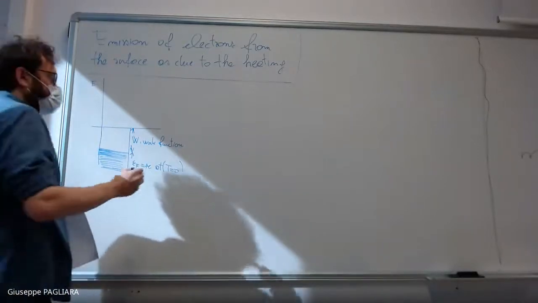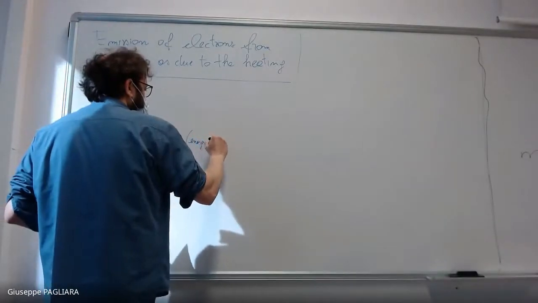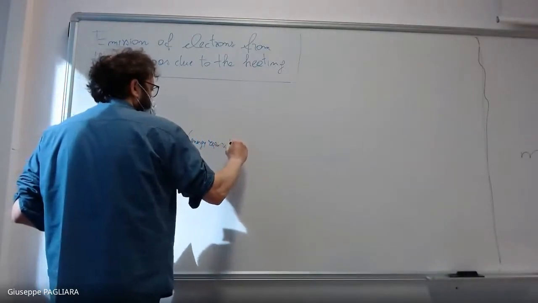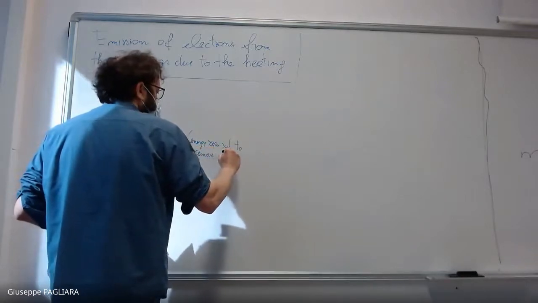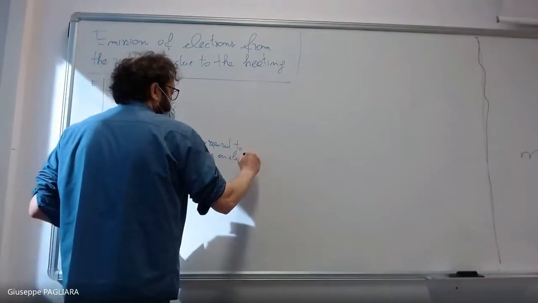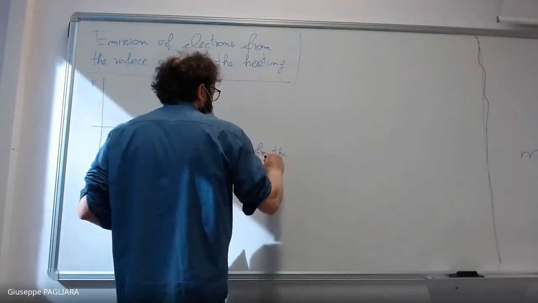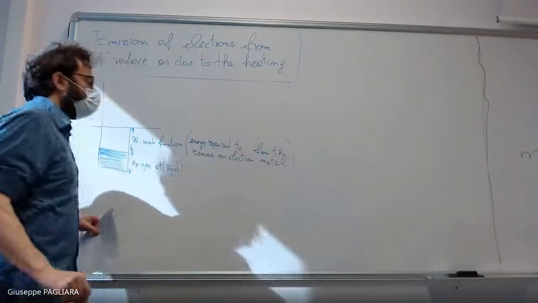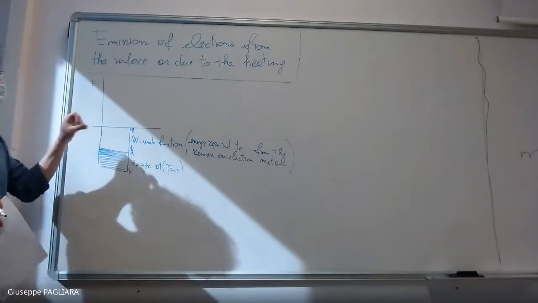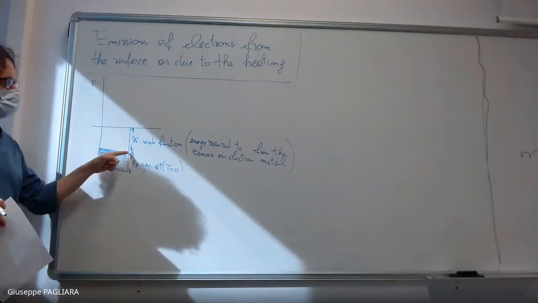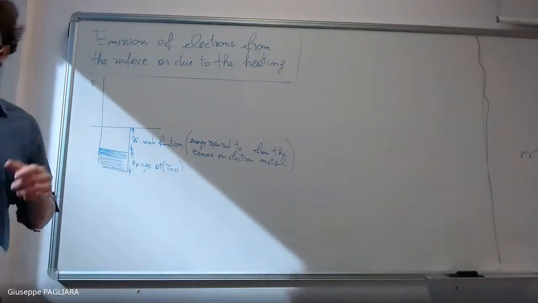So this is the energy required to remove an electron from the metal. You have to provide this amount of energy in order to take an electron from the Fermi surface and make it free to move in space.